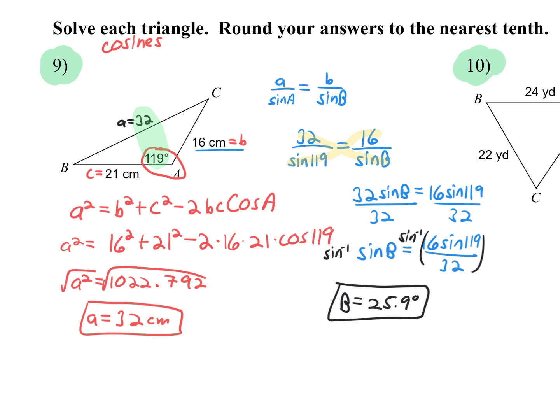All right, what's the only thing missing? Angle C, right? So we have A and B. We just need angle C. Nice, so we're going to do 180 minus those two angles. So 180 minus 119 minus 25.9.